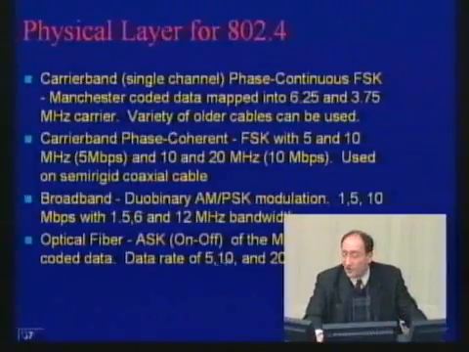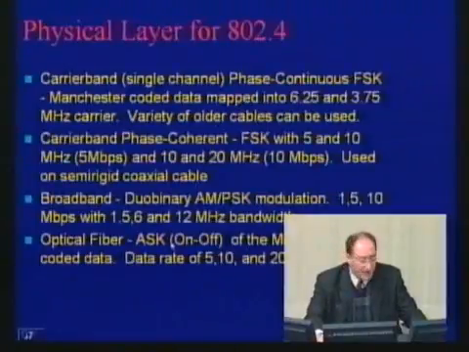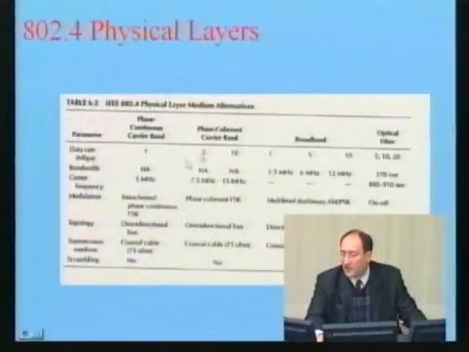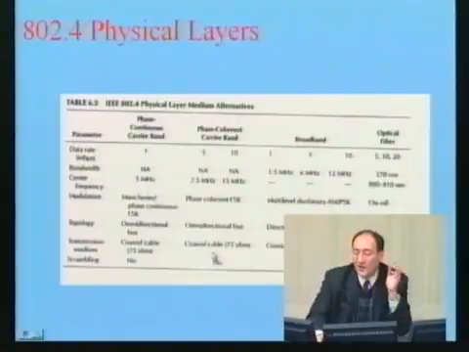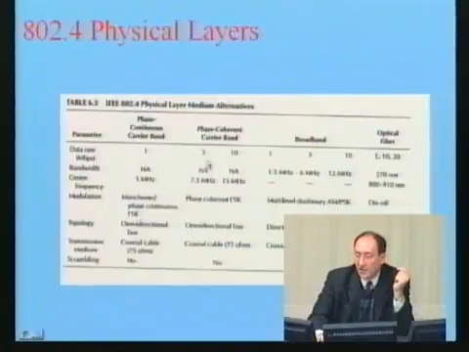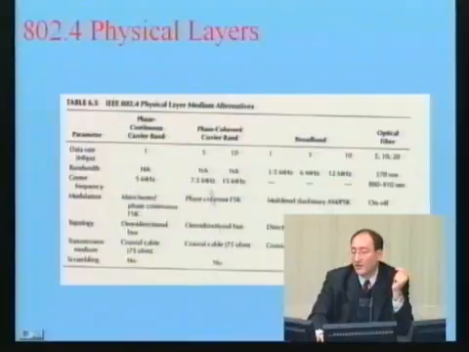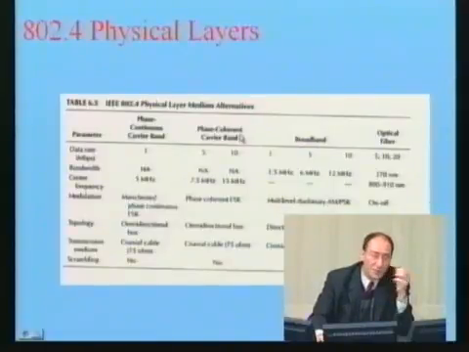Now, if you want to get like these four options, then this table that I have in here gives you an idea about a good summary of everything in 802.4. In this column and this column, you have like carrier band, two options. One of them is continuous phase. The other one is phase coherent. Phase coherent modulation is more difficult to be implemented.